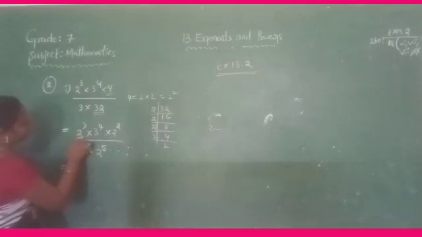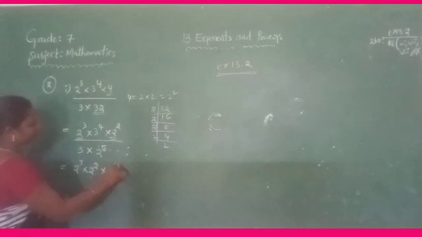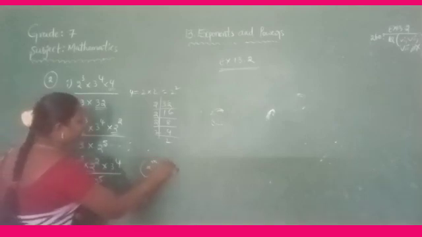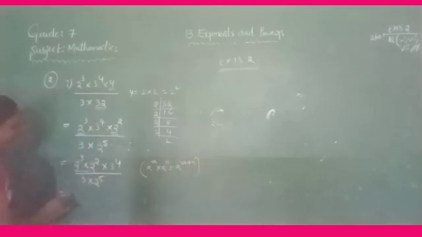Right. So here 2 cube into 2 square into 3 to the power of 4 by 3 into 2 to the power of 5. Right. So here see 2 cube into 2 square. So here the bases are same. In the multiplication we have to add the exponents. So using the law, a to the power of m into a to the power of n is equal to a to the power of m plus n.